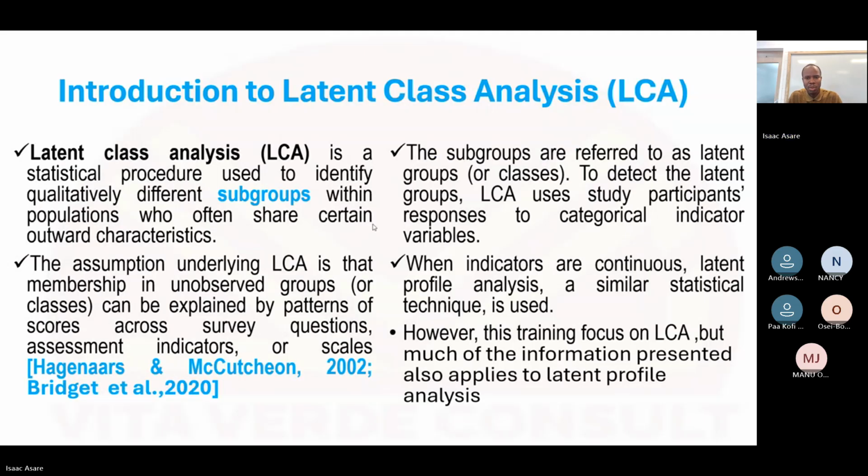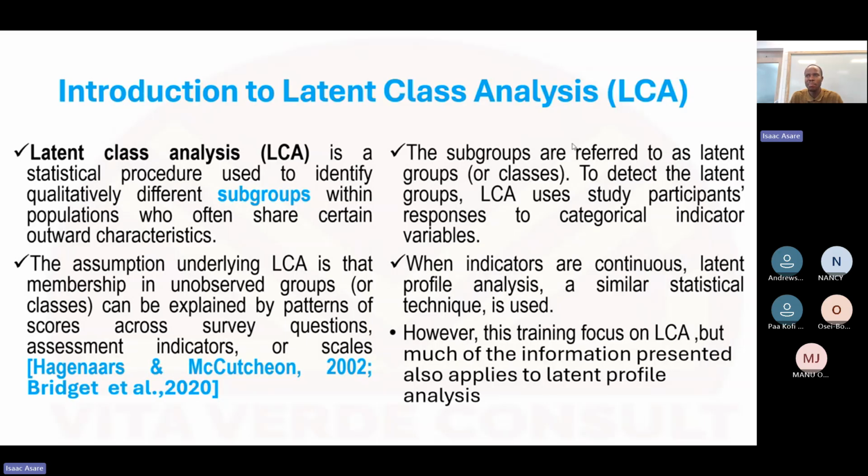Yeah. So we are saying that it's a statistical procedure that is used to identify qualitatively different subgroups within population who often share certain outward characteristics. So let's take note of this kind of technique. You want to know how certain individuals share certain characteristics within your given population.